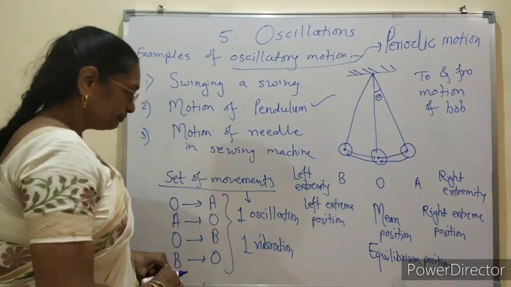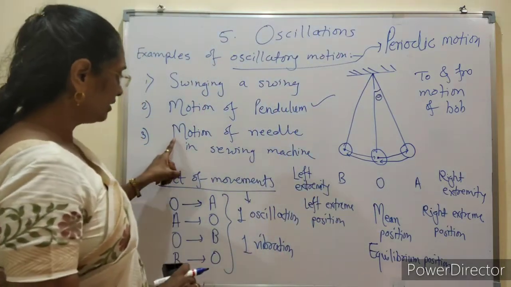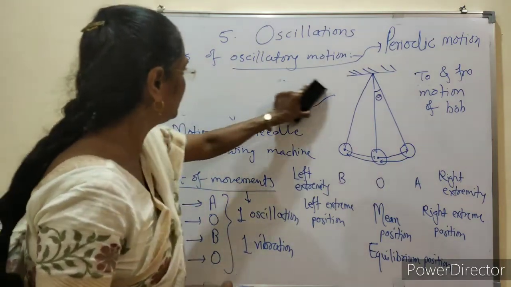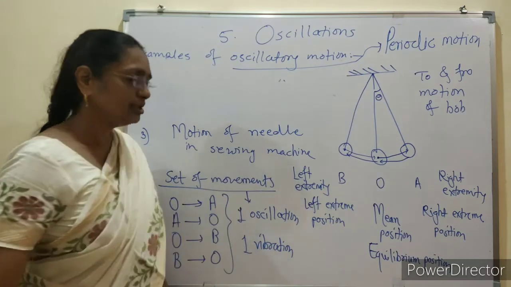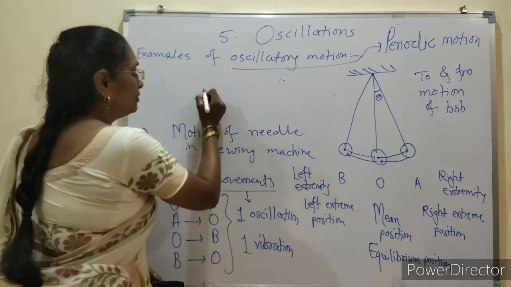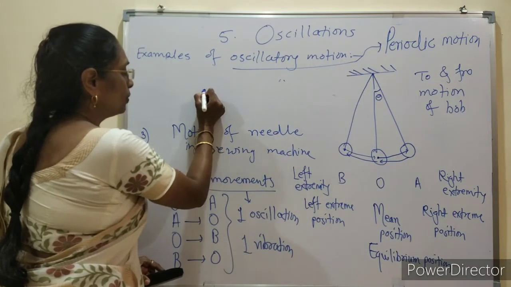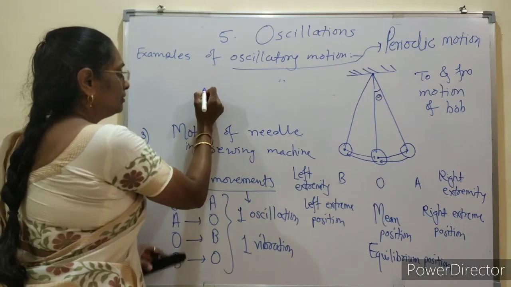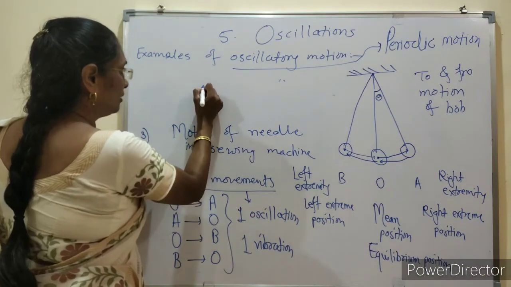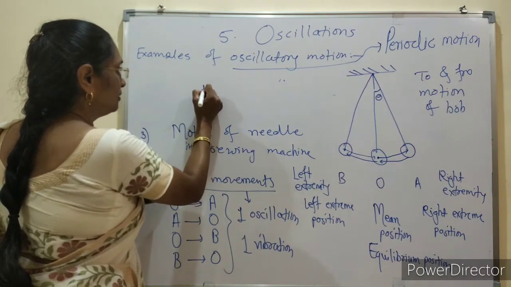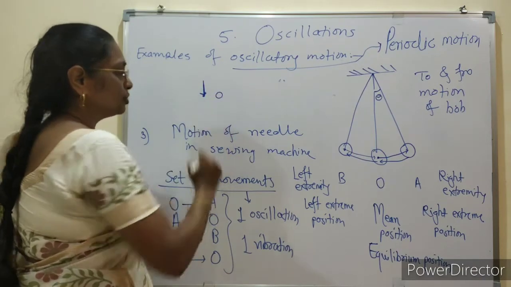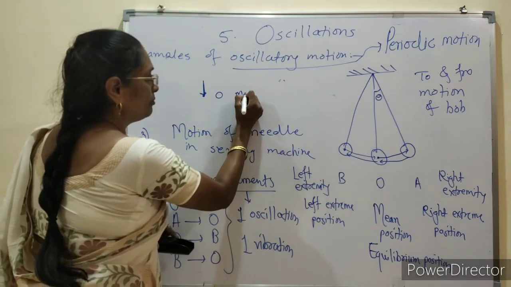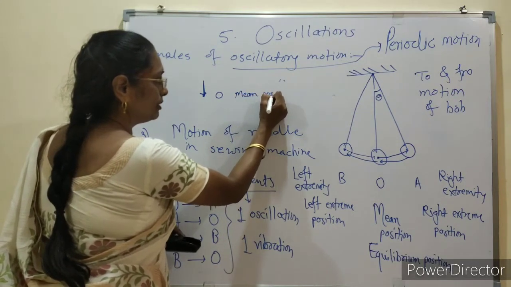So here we take another example, that is the motion of the needle in a sewing machine. If we show the needle here in this position, this position is the original position, it can be the mean position or equilibrium position.